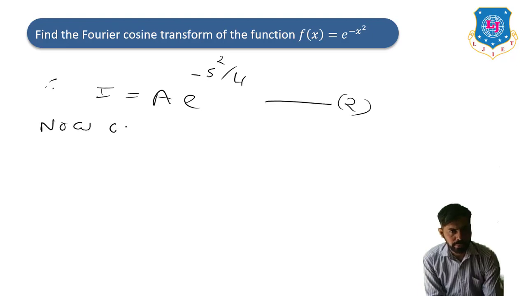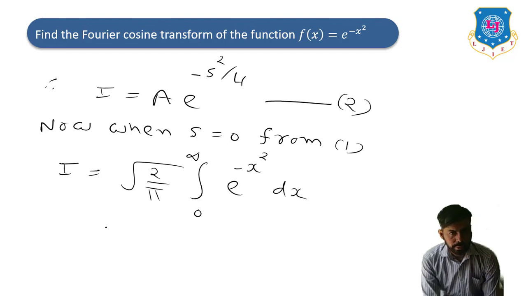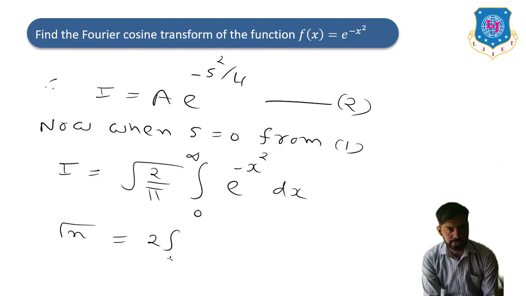Now when s is equal to 0, then from the first result we can say that I is equal to square root 2 by pi integration 0 to infinite e raised to minus x square dx. Now here from the definition of the gamma function we know that gamma of n is equal to integration 0 to infinite e raised to minus x square into x raised to 2n minus 1 dx.